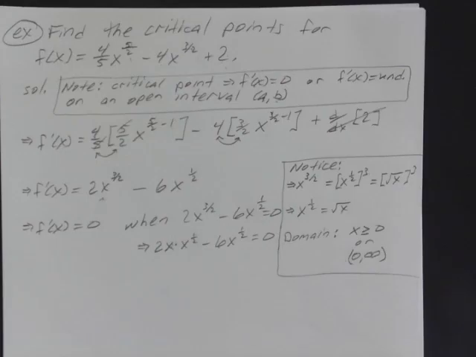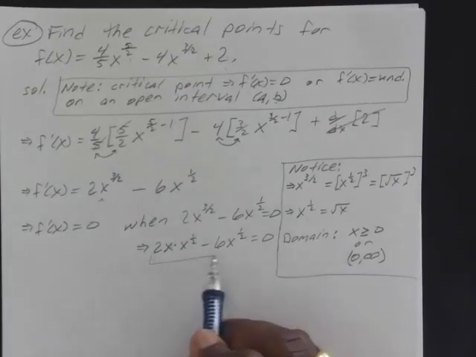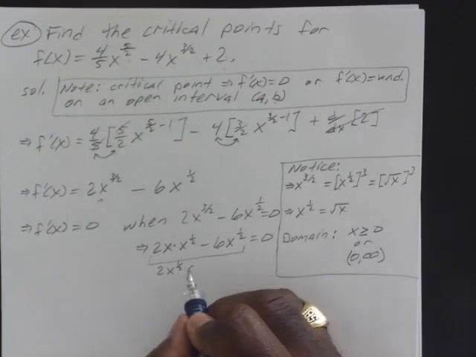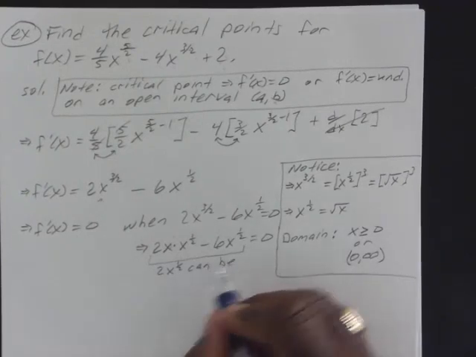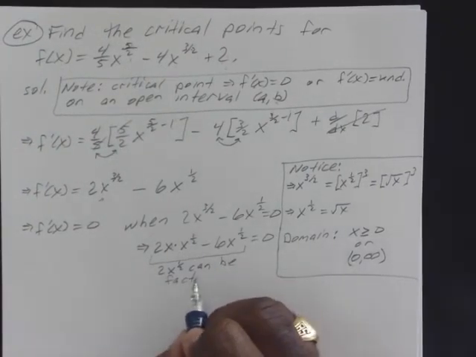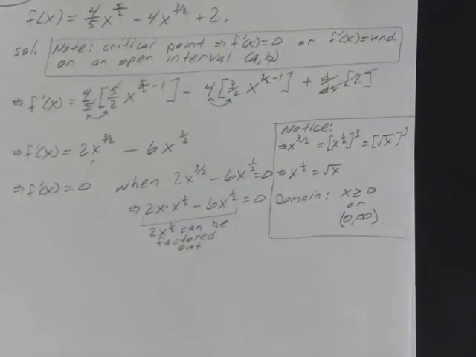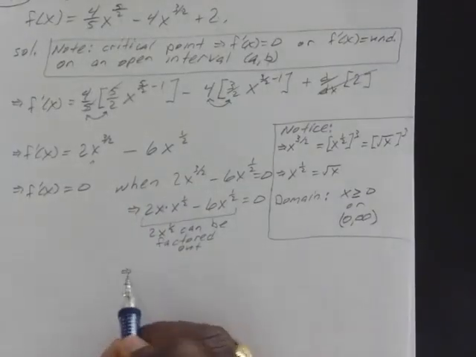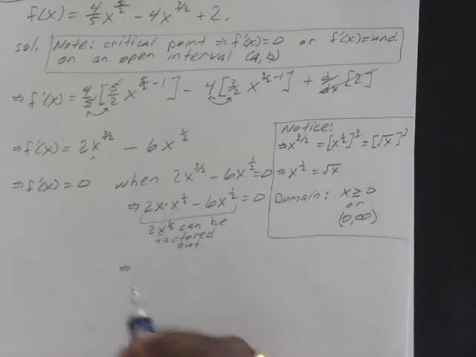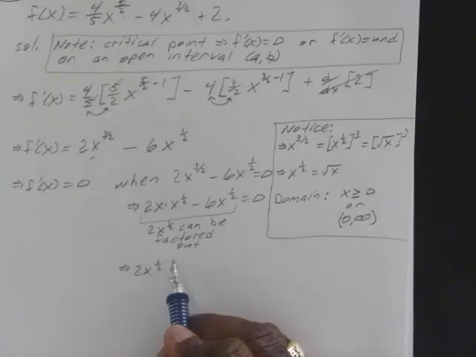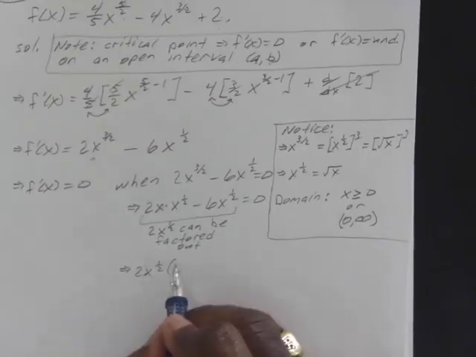So with both of these terms, we can actually factor out a 2 times x to the 1/2 power. If we factor out that 2 and that x to the 1/2 power, that just leaves the x.